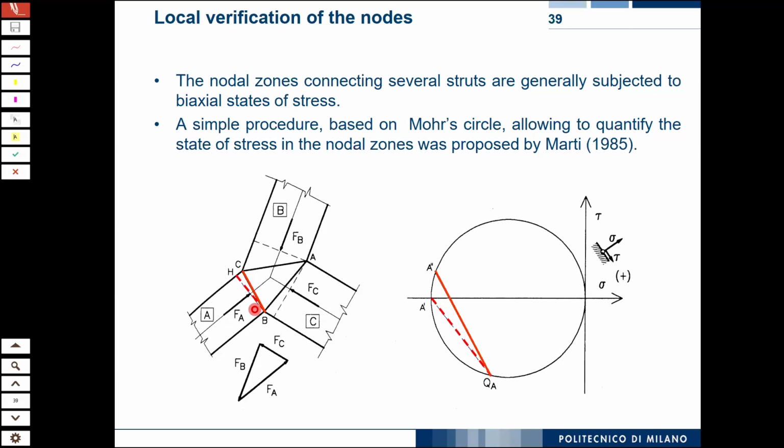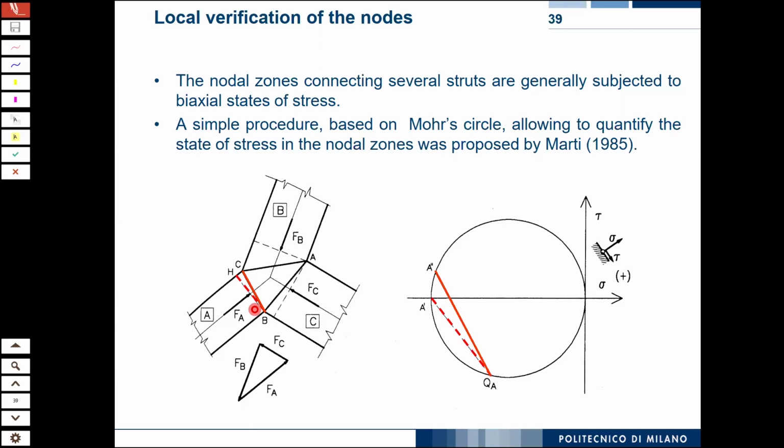This inclination here, we report exactly here. And we find this point, which is called the pole of the Mohr circle. The pole of a Mohr circle is a point from which, if you draw lines with any inclination, where you meet the circle, you find the value of the stresses for that inclination.